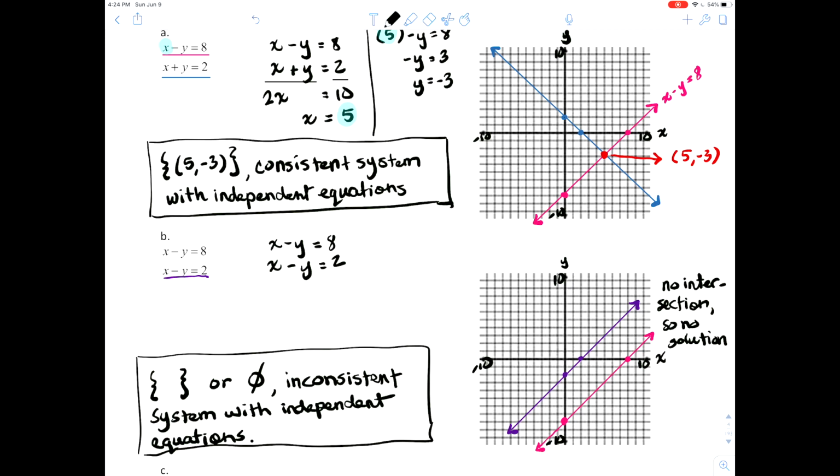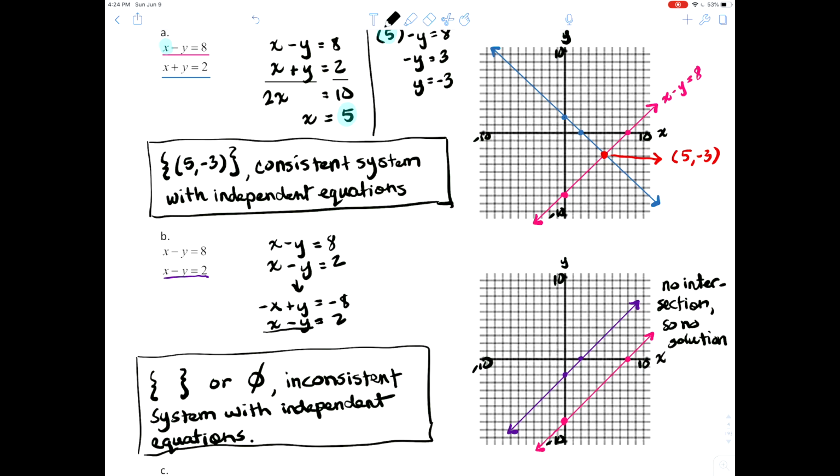So this is equivalent to the system -x plus y is -8 if I multiply the first equation by -1. The second equation will remain the same.